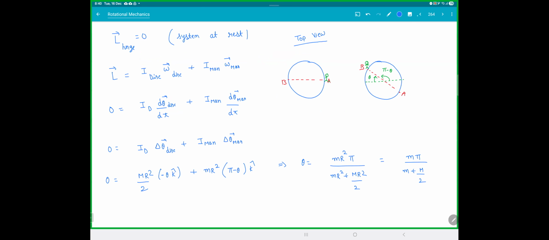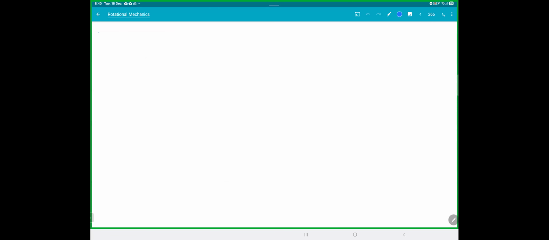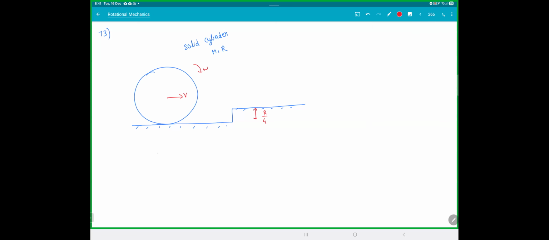Let's see one more. So let's say we have a small staircase here of height R by 4. We have a solid cylinder, mass m, radius R, which is going with v and omega, and there's no slipping, so we have enough friction.